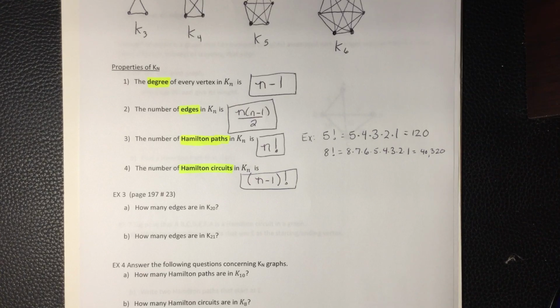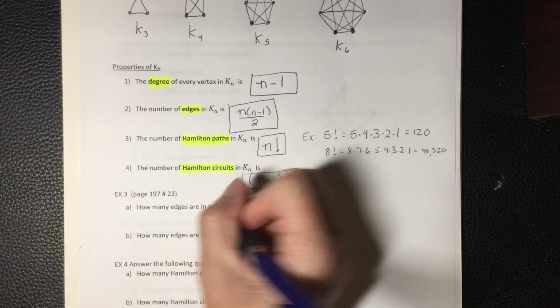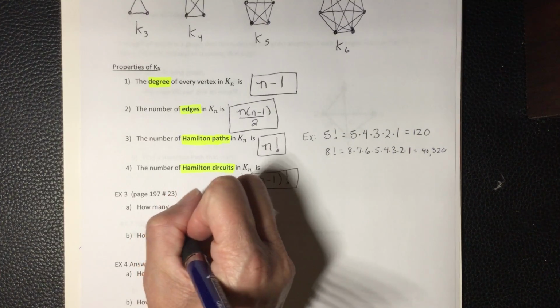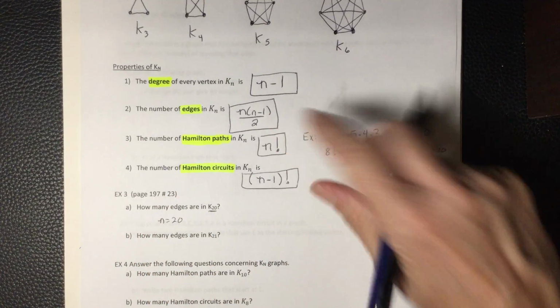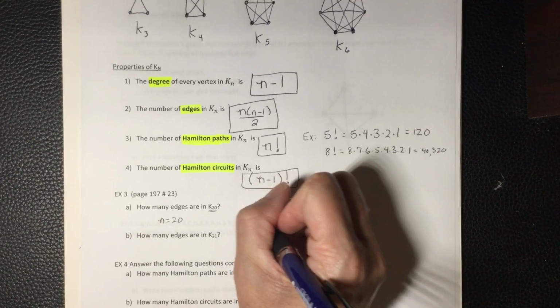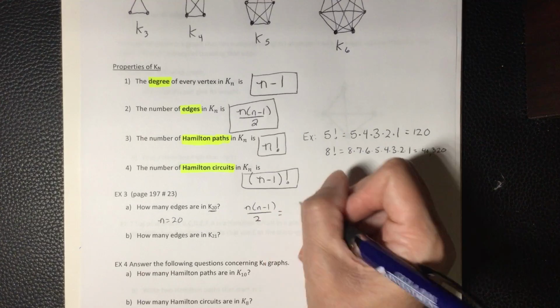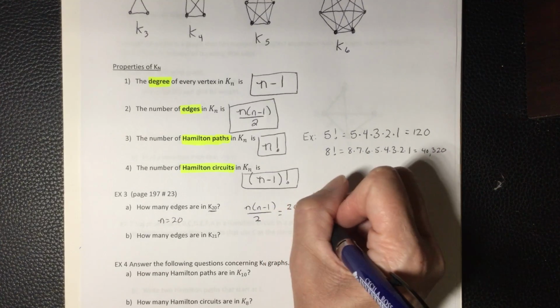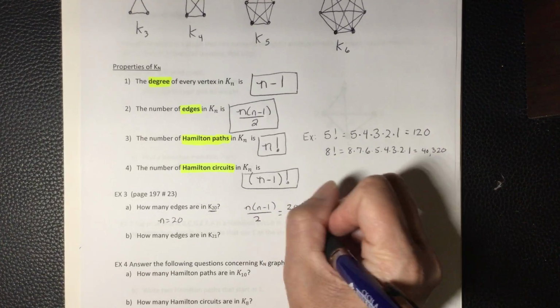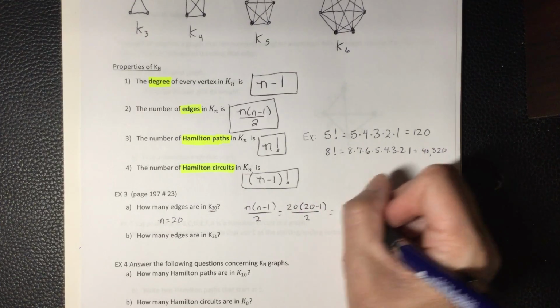We have how many edges are in K20 and K21. So in K20, we know that n equals 20. So we go up and get our formula for number of edges. n times n minus 1 over 2. And everywhere we have an n, we're going to put a 20. So 20 times 20 minus 1 over 2.